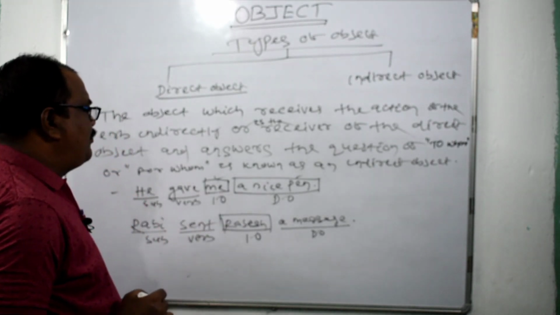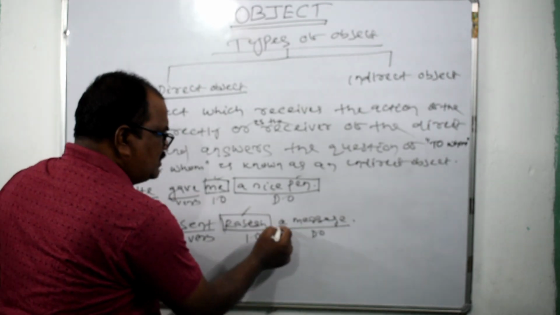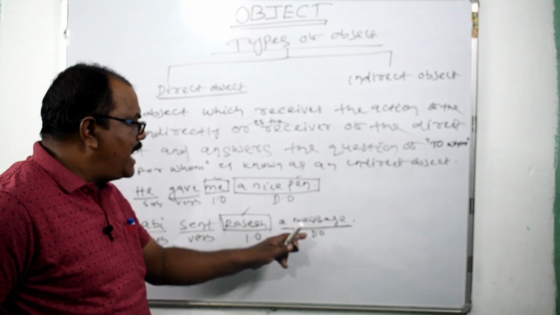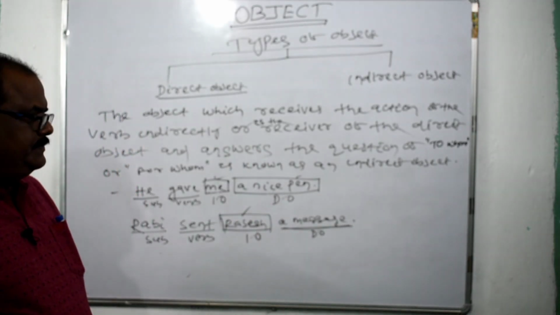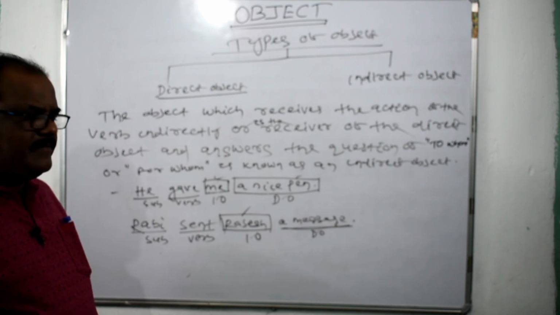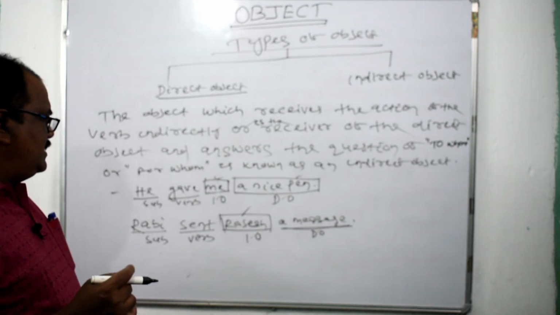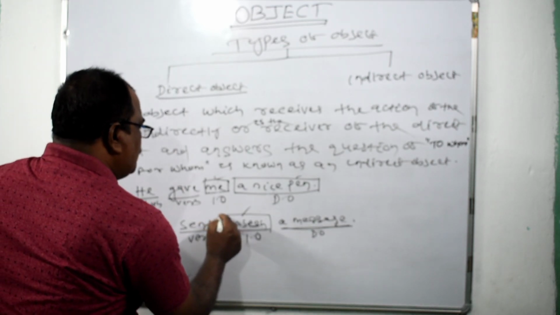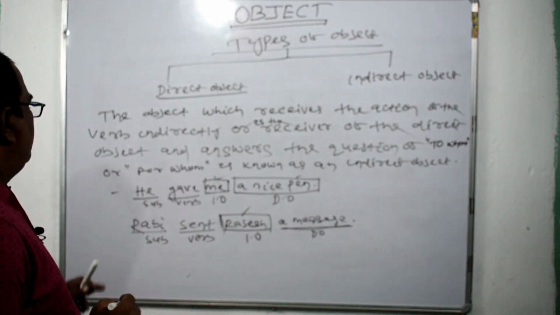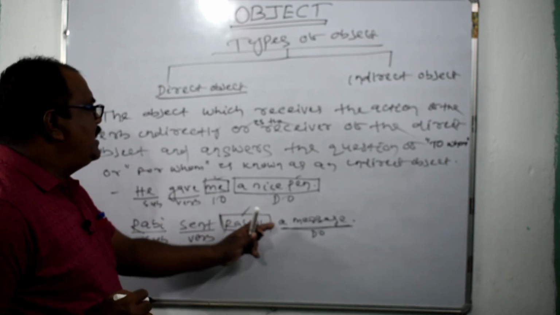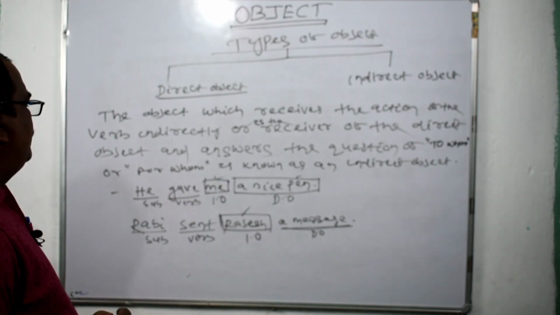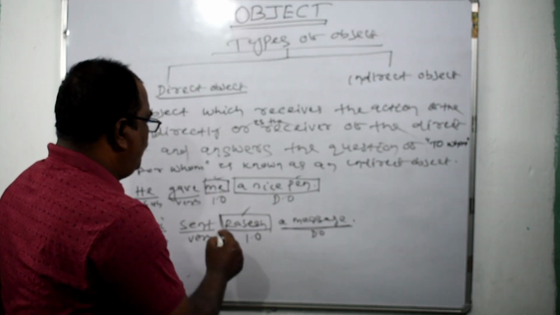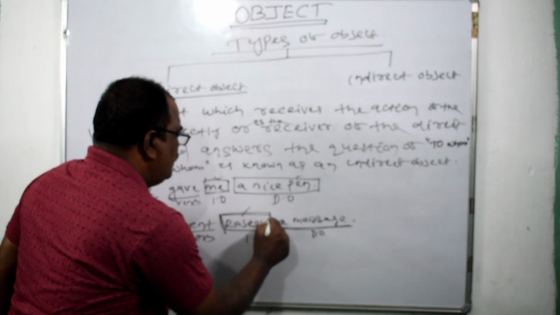And in the second example, Rajesh receives the message. So, Rajesh is the receiver of the direct object. So, Rajesh is the indirect object. To whom did Ravi send a message? Ravi sent Rajesh a message. Therefore, Rajesh is the indirect object.